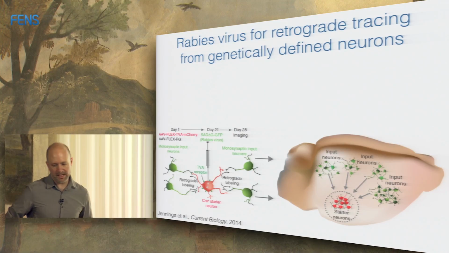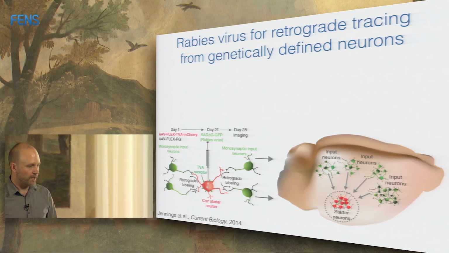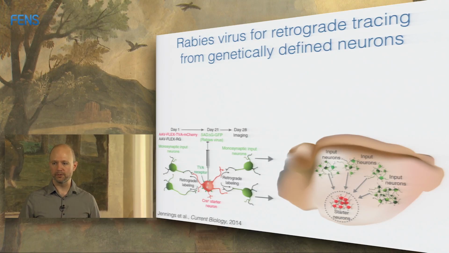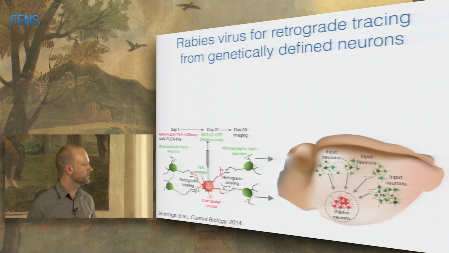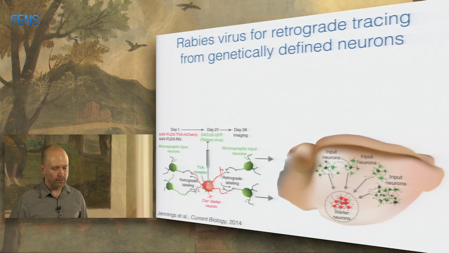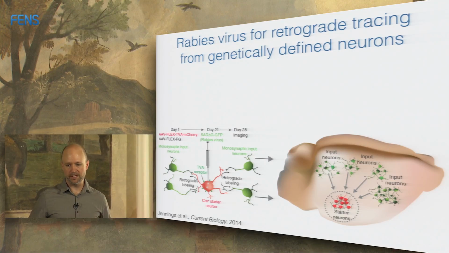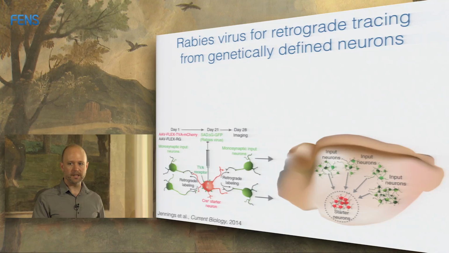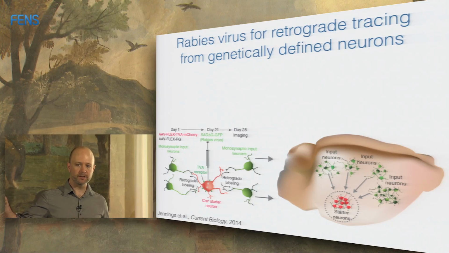Okay, so that's forward tracing or anterograde tracing. There are also novel approaches that have been developed for retrograde tracing of genetically defined circuits. Probably the most widely used approach for this now is based on a genetically engineered version of the rabies virus. What's unique and interesting about rabies virus is that it essentially infects synaptic terminals and then is propagated back to the cell bodies of neurons.